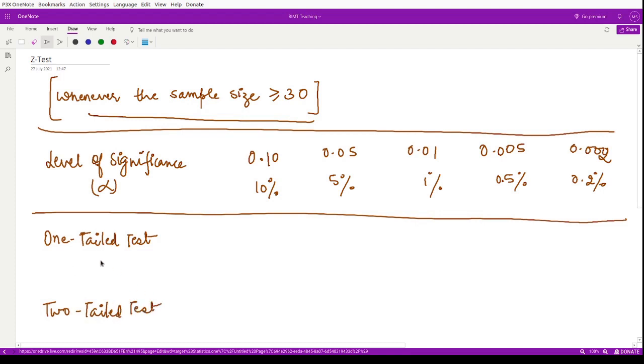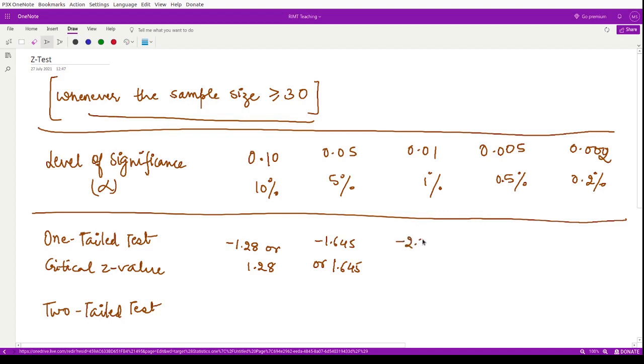So for one-tailed test, we have the critical Z values as minus 1.28 or 1.28. We have minus 1.645 or 1.645. Now this depends on whether your test is a left tail test or right tail test. For left tail test, you will take these negative values. For right tail test, you will take these positive values.